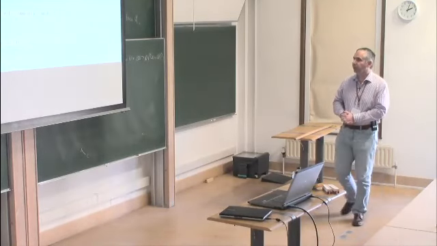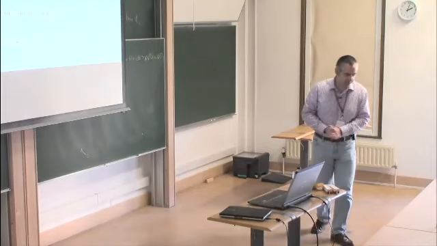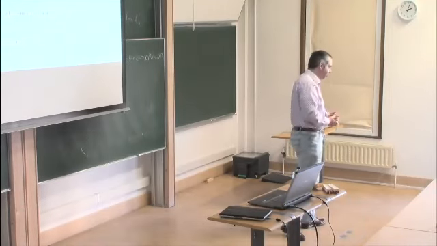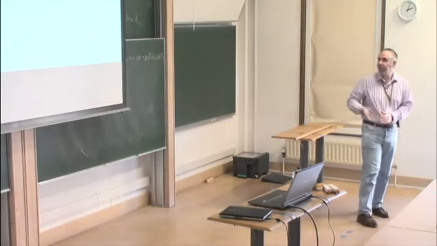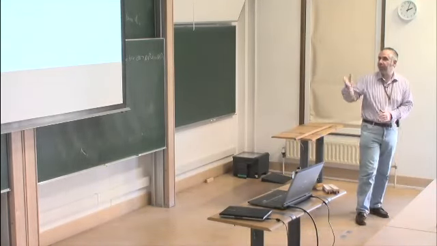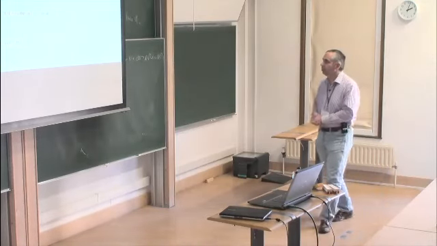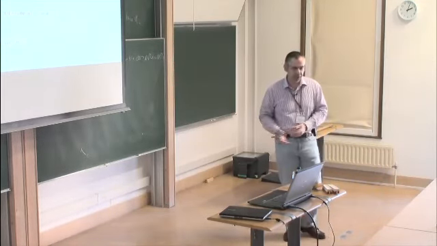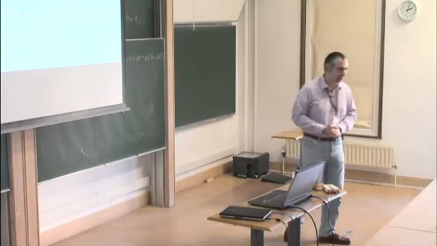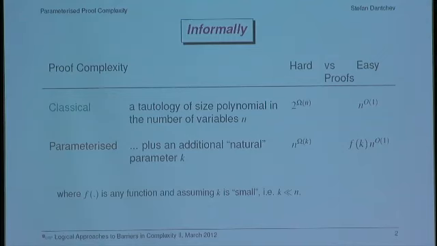Well, it's going to be natural in the sense that the trivial proof would be of size n to the k. And then the easy proof would be of size polynomial in n, where the degree of that polynomial doesn't depend on k, times a factor which depends only on k. And that factor could be anything. Exponential in k, double exponential in k, whatever.